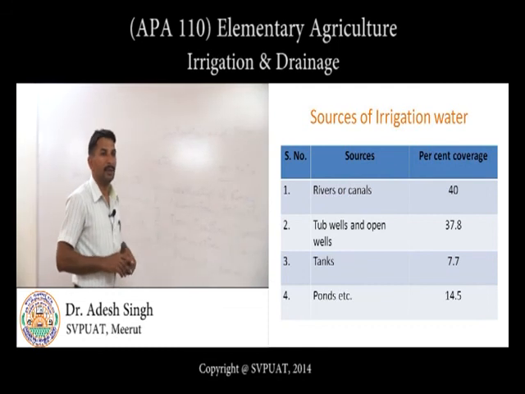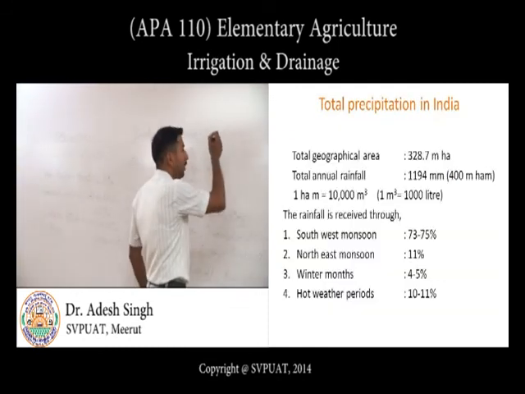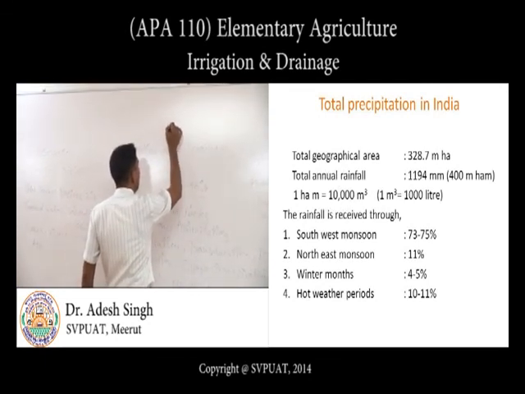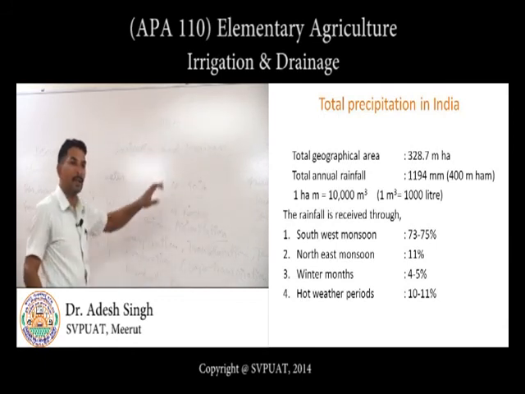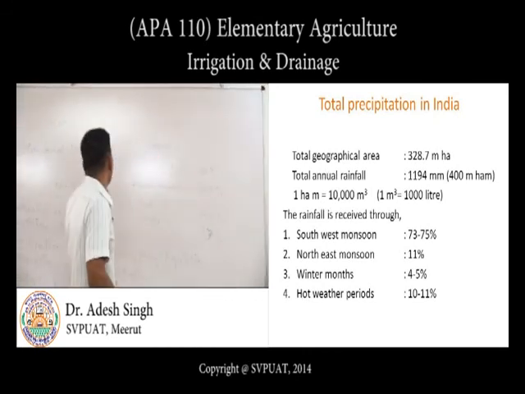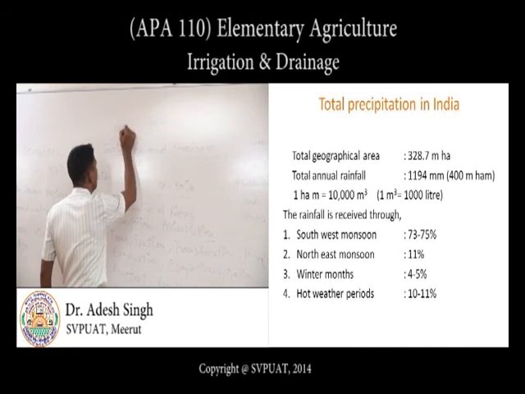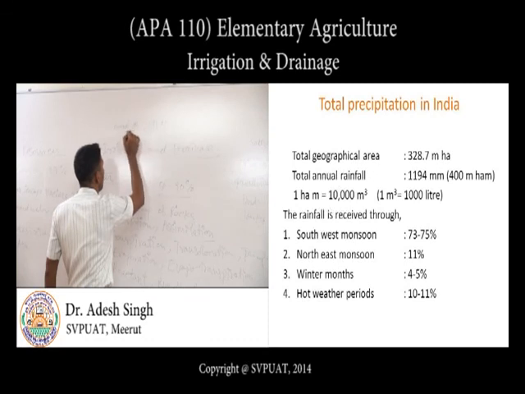So as far as the total annual rainfall of the country is concerned, about 1193 millimeter is the annual average rainfall of the country. This is the annual precipitation.